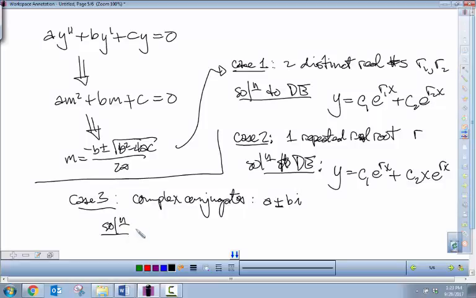But your solution in this case would be e to the ax, and then it's going to be multiplied by C1, the arbitrary constant, times cosine of bx plus C2 sine of bx.